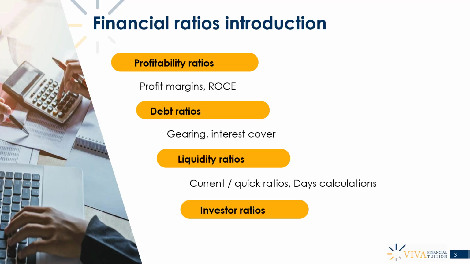Liquidity ratios, things like the current and quick ratios, things like your receivable days, payable days, inventory days, the days calculations. And investor ratios, things like total shareholder return, which I'm sure you've seen elsewhere, dividend yield, PE ratio, and another one, earnings per share.